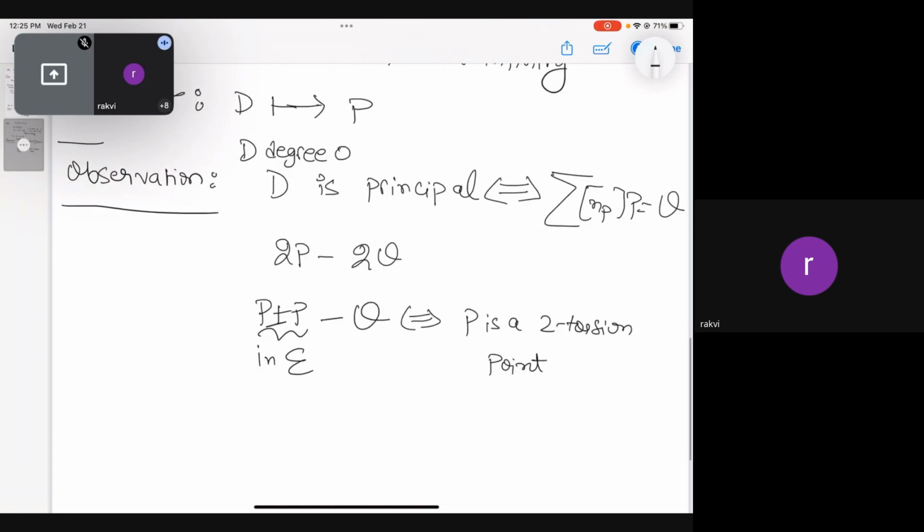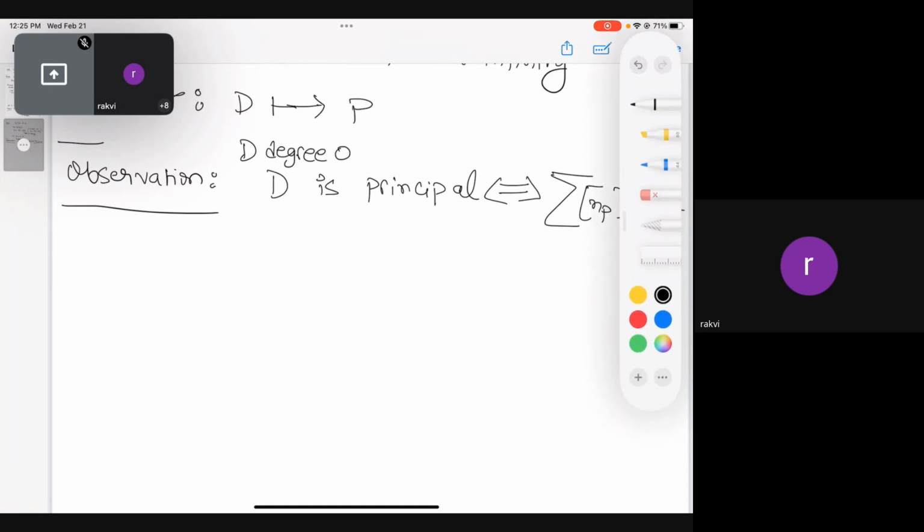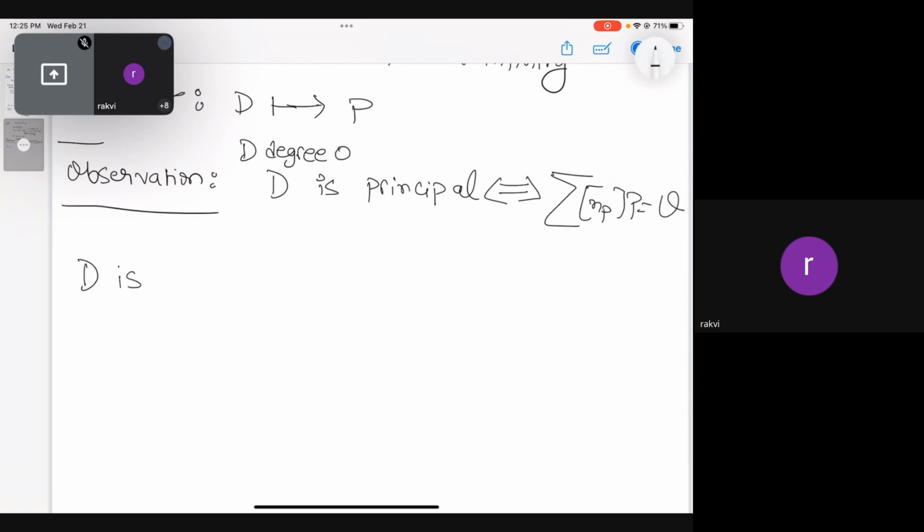So let me delete it. And let's see why this is true, because it's helpful to see the proof, just to get used to this. So suppose D is principal and D is degree 0.